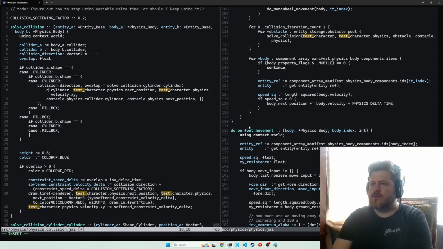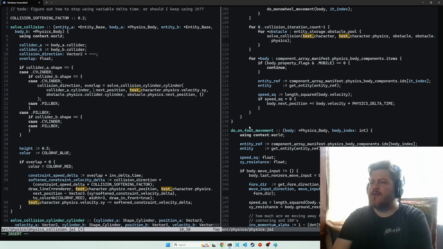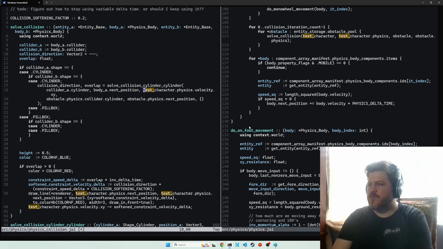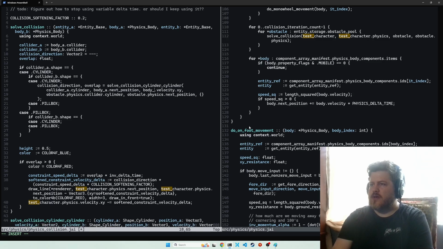So this is collider A dot cylinder, and let's say body A dot next position, and this is body A dot velocity dot xy. And then the other collider cylinder, so collider B dot cylinder, body B dot next position, and still, yeah, should be passing velocity here. Body B dot velocity xy.